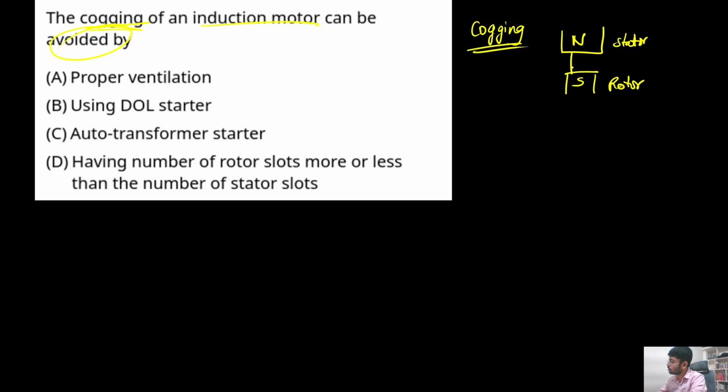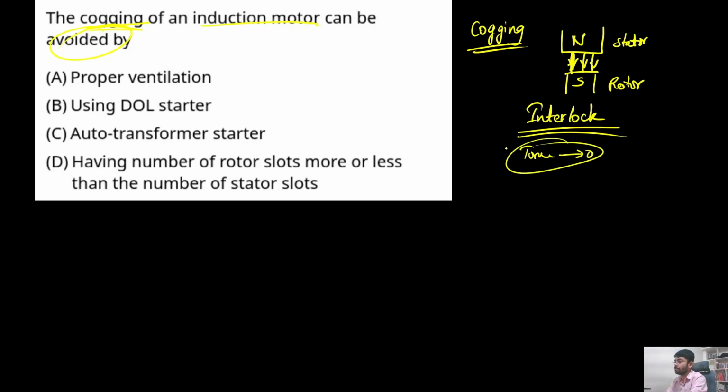From north to south, they will interlock. Due to this interlocking, the torque will be zero, because obviously it is an induction motor. As the rotor speed becomes equal to the synchronous speed, it will give problems. So how to avoid this cogging in an induction motor?